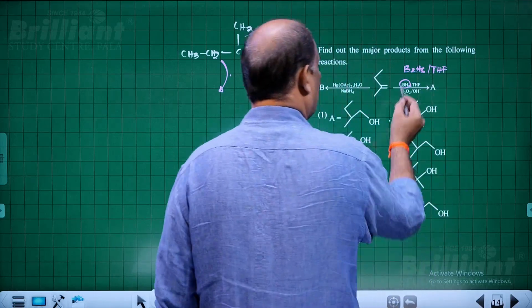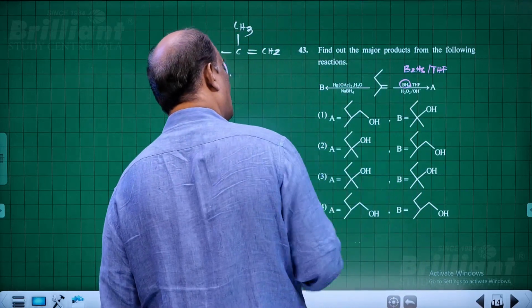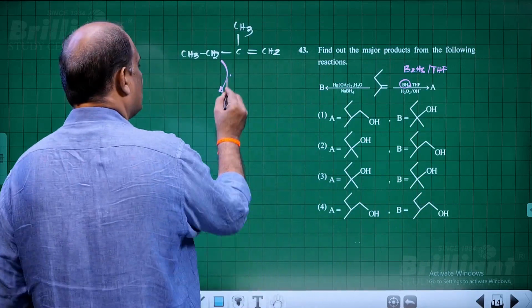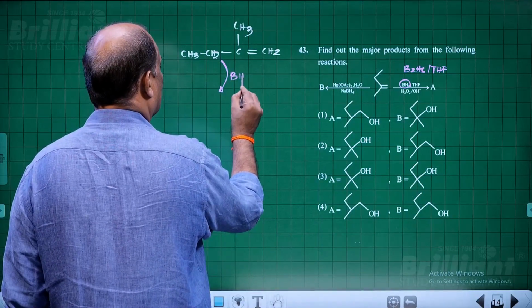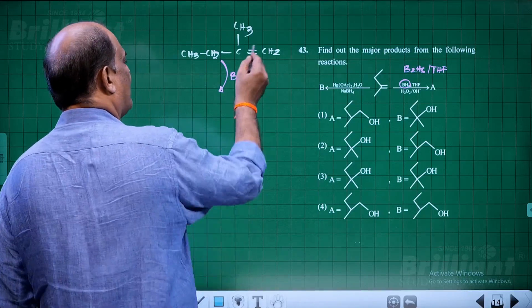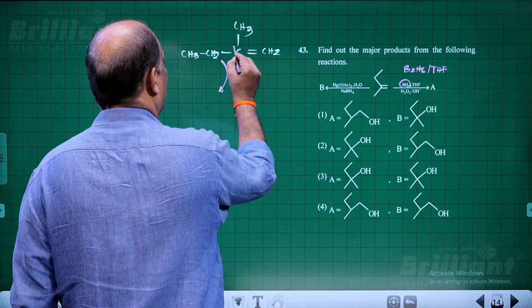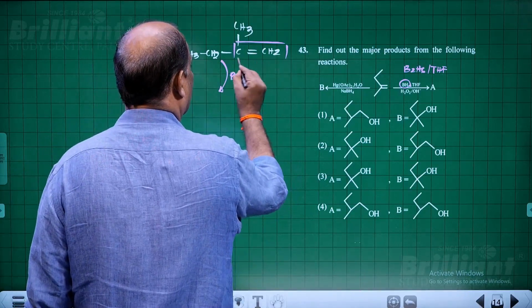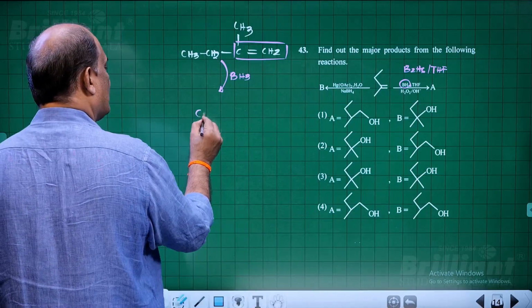We have to show B2H6 in tetrahydrofuran. Then B2H6 is ultimately converted to BH3. In BH3, boron is going to attack the carbon where there is less steric repulsion. Anti-Markovnikov addition.